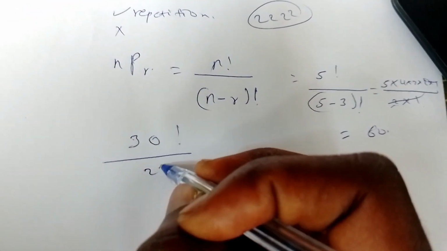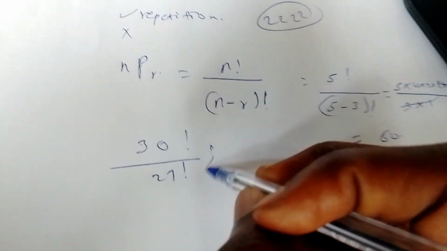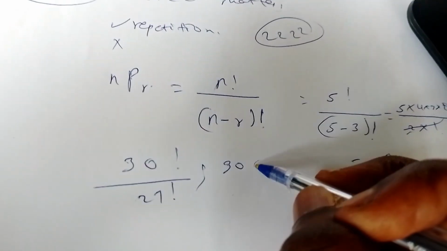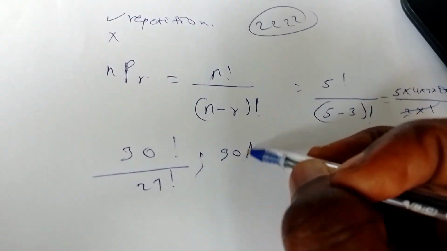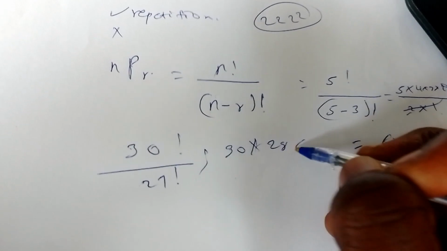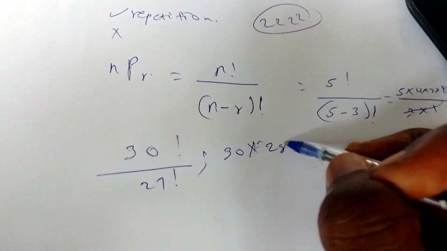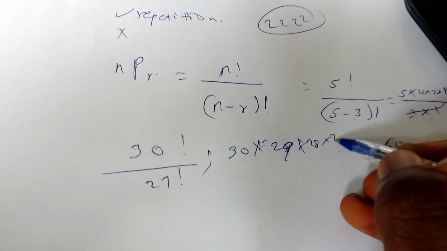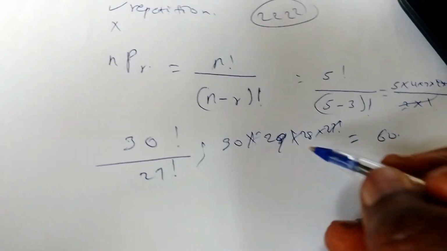So that'll be 27 factorial in the denominator. Then you can always do 30 times 29 times 28 times 27 factorial, and then you cancel out the factorials.